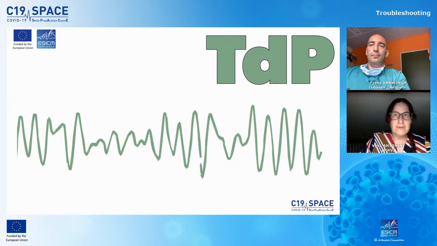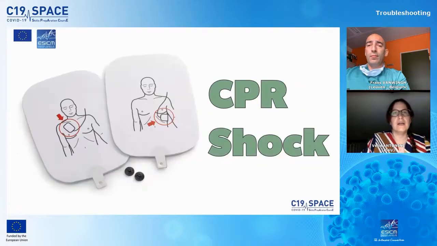Be careful about administering potassium without any clear evidence of low potassium. If the patient is unstable, again, you may need a shock to avoid any worsening of the situation. So, a lot of these situations require CPR and shock.